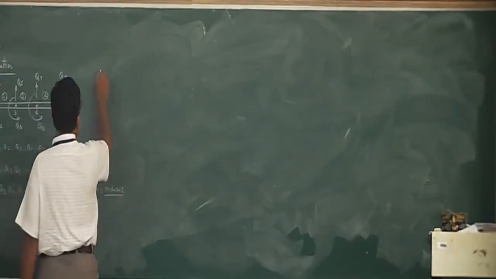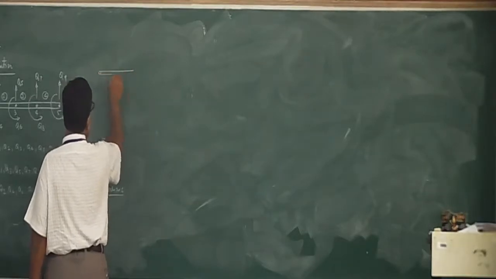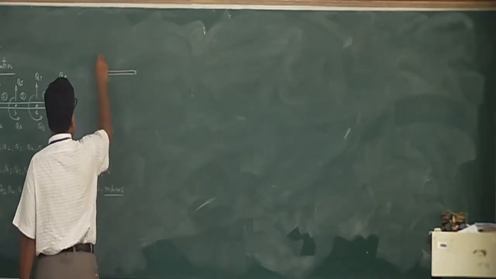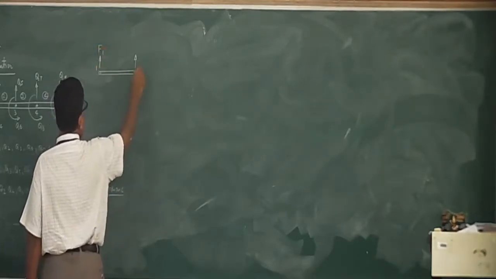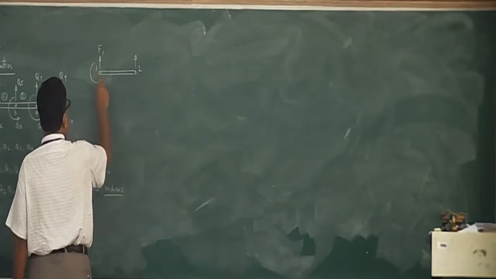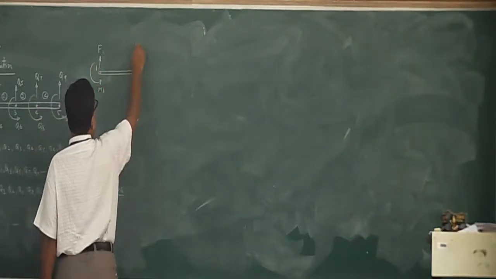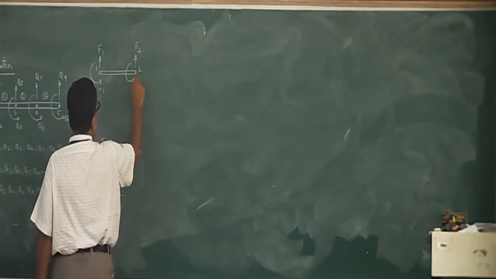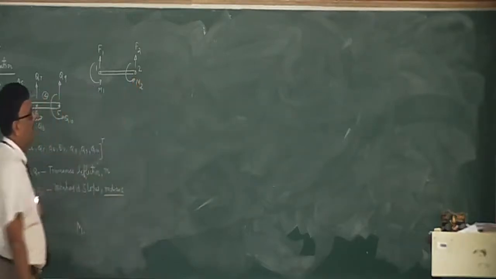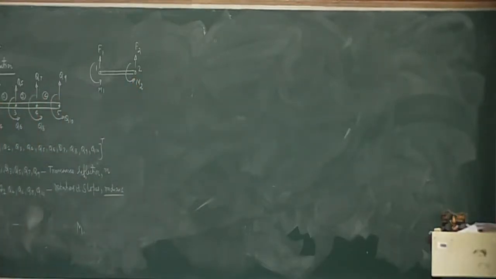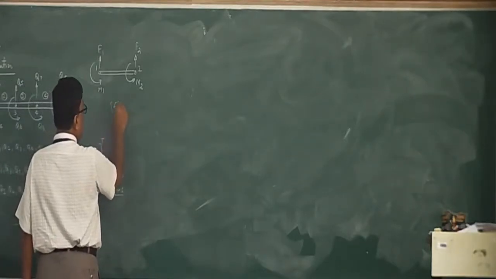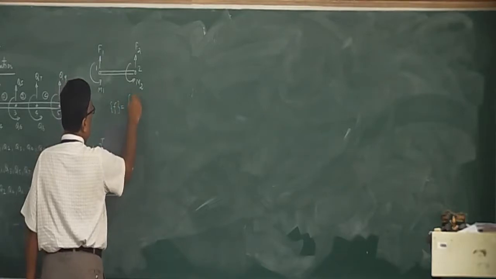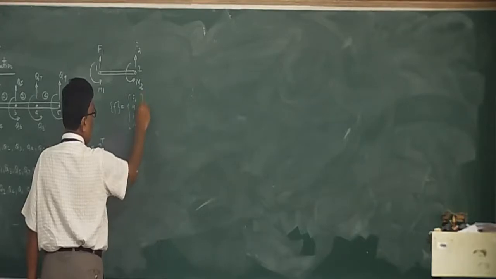When it comes to the force that needs to be applied, for example, you have a force here. Always there are two forces. Suppose it is nodes 1 and 2: F1 and M1 are going to be the loads applied at the first node, and F2, M2 are the force and moment applied at the second. So the force vector consists of one force, one moment, one force, one moment at the other nodes like this.